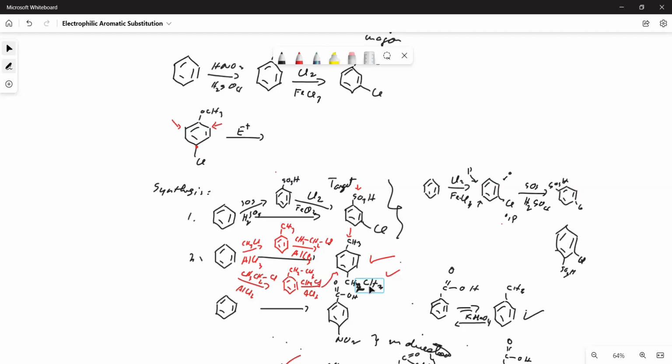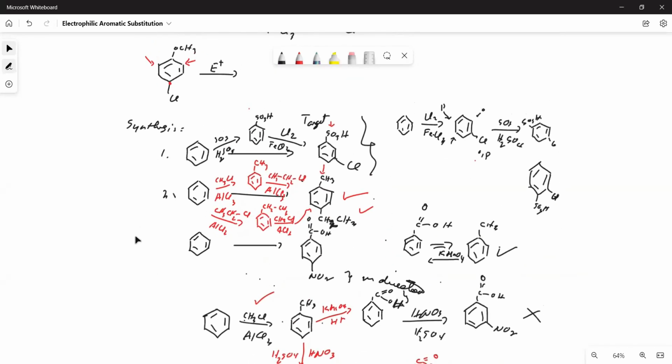And this is at the para position. Now, if you do ethyl first, Friedel-Crafts ethylation, you produce the ethyl benzene, but this is also an ortho-para director. So when you do the methylation, the methyl will be at the para position. So that's why either way is possible.